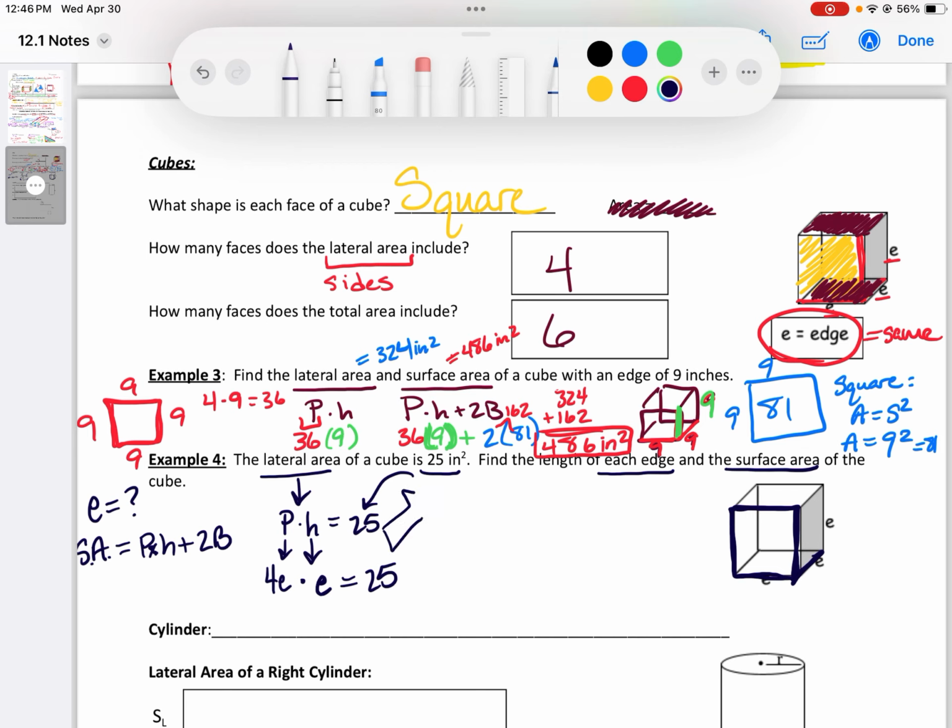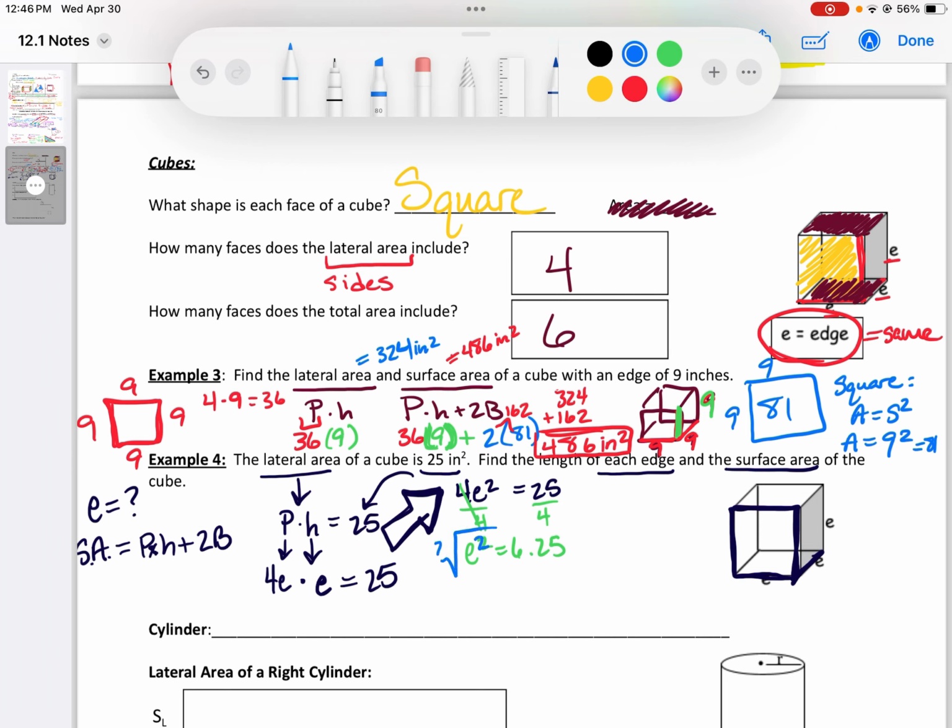And if I work that out, 4E times E is going to give me 4E squared equals 25. So first thing I want to do is get rid of this 4. E squared equals 6.25.